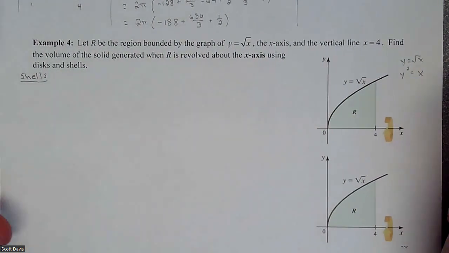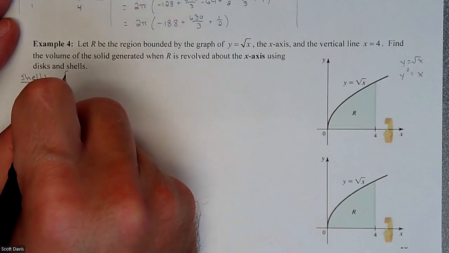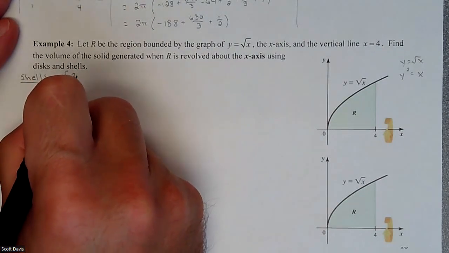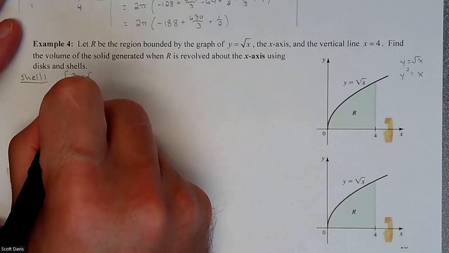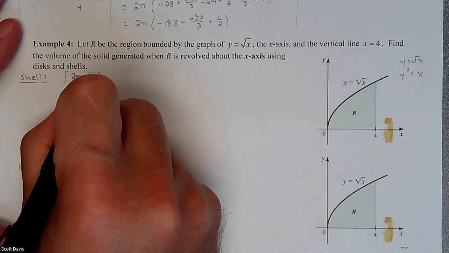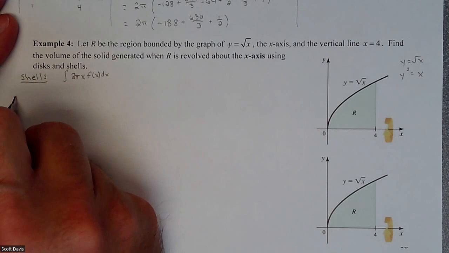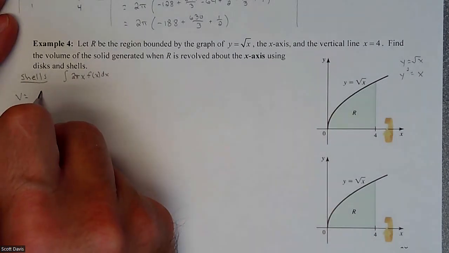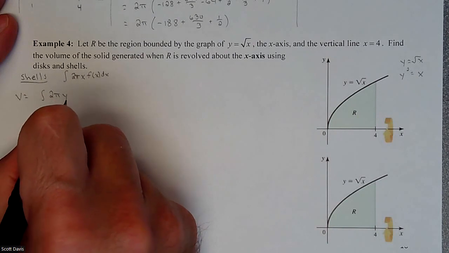For shells, remember that your formula is the integral of 2 pi x f of x dx, except we're going to make them y's. So for our volume, we're going to be doing 2 pi y.